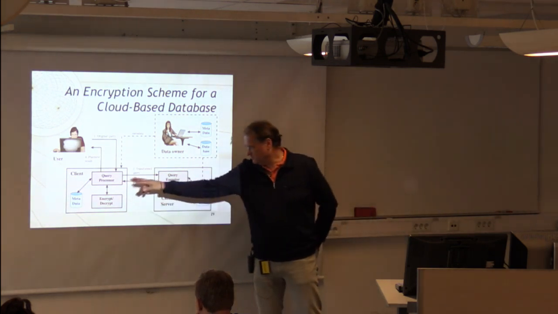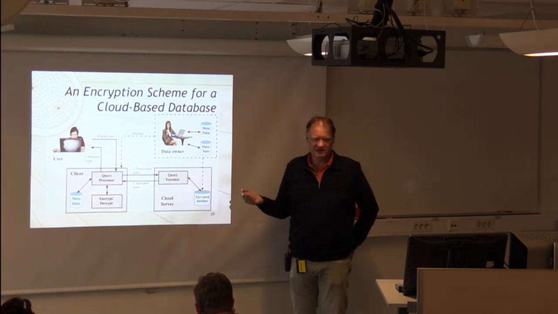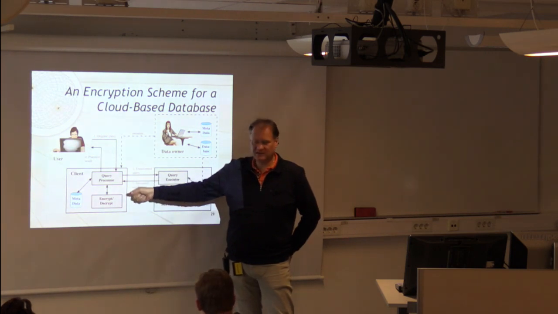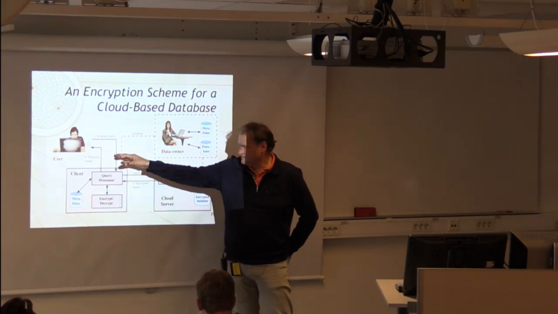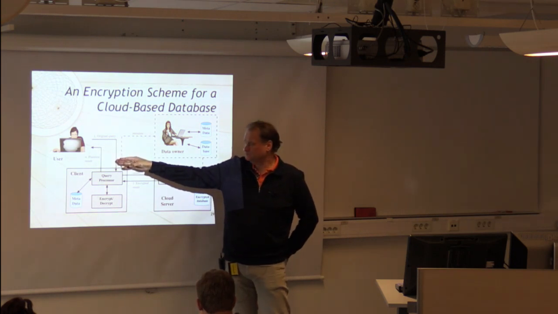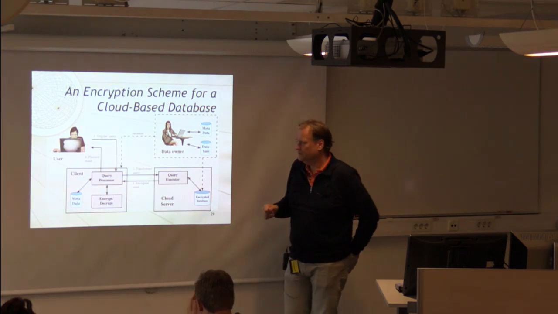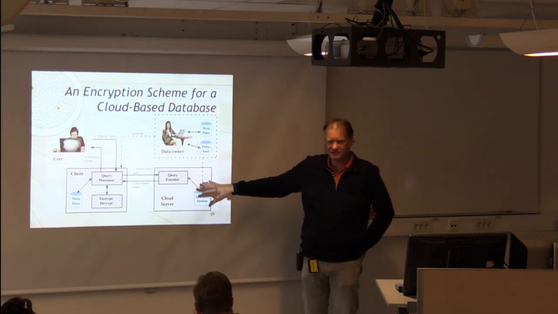And then we send that query over to the cloud. We run a query. We get some result, which is still encrypted. We send that back, and here we can decrypt it. So the client gets a plain text result of a user. The cloud provider never sees anything but encrypted data.